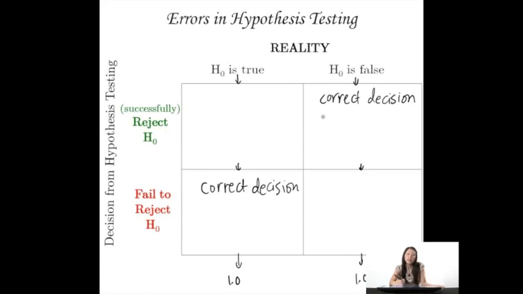That leaves us two ways that we could be incorrect. So one way is this. We could reject the null, successfully reject the null. But the null is actually true. We said, null, you are false. But the null is actually true. This is an incorrect decision, right?